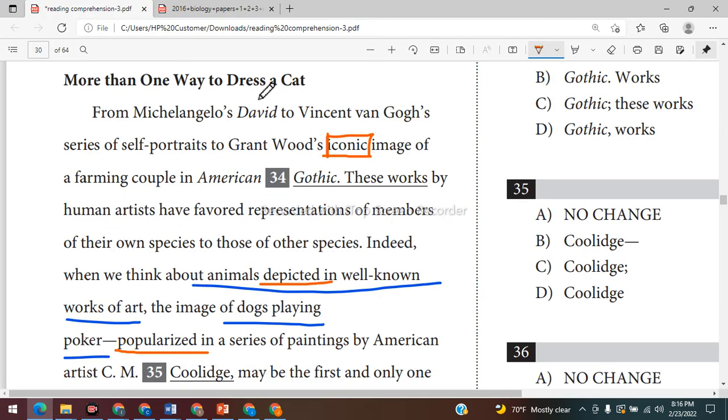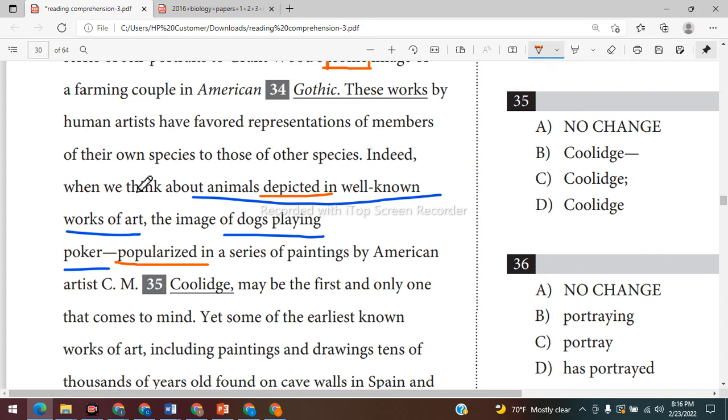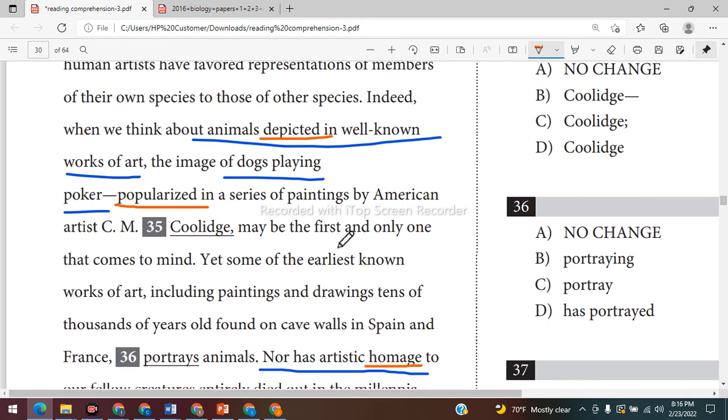Anyway, from Michelangelo's David to Vincent van Gogh's series of self-portraits to Grant Wood's iconic image of a farming couple in American Gothic, these works by human artists have favored representations of members of their own species to those of other species. Indeed, when we think about animals depicted in well-known works of art, the image of dogs playing poker, popularized in a series of paintings by American artist C.M. Coolidge, may be the first and only one that comes to mind.